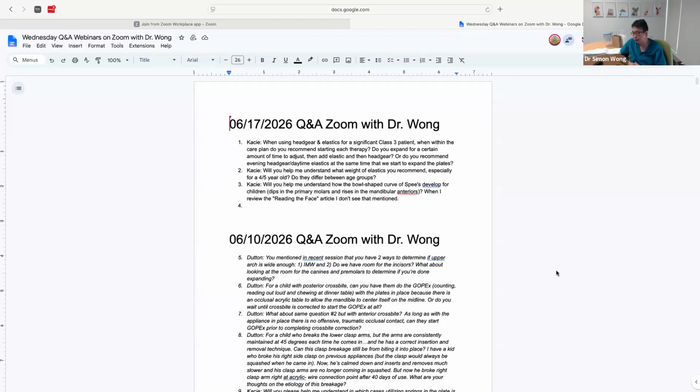Normally, we wear the interarch elastics during the day and the face mask at home and at night. So that's generally the sequence.